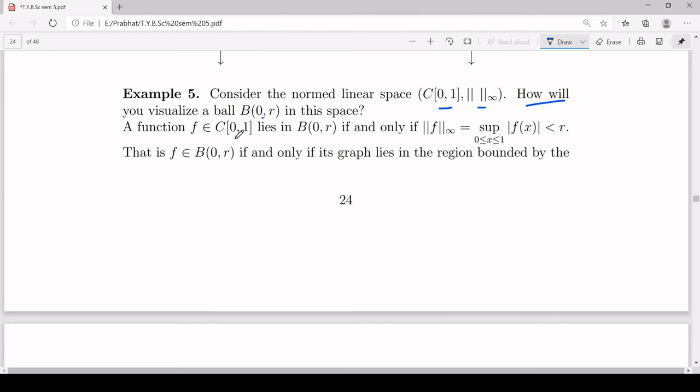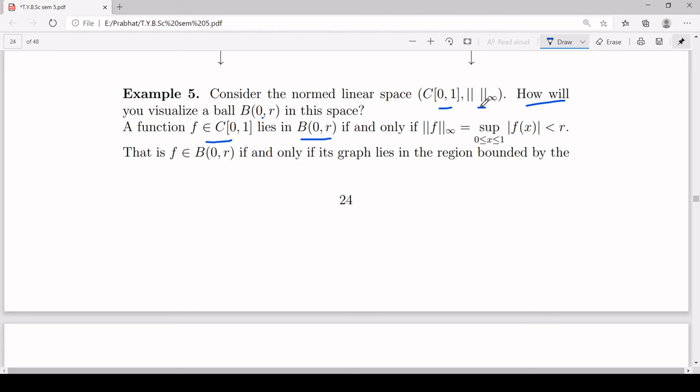Suppose a function f in C[0, 1] lies inside the open ball B(0, r). When will it lie inside the open ball B(0, r)? When the distance between f and 0 is less than r. Now what is the distance between f and 0?